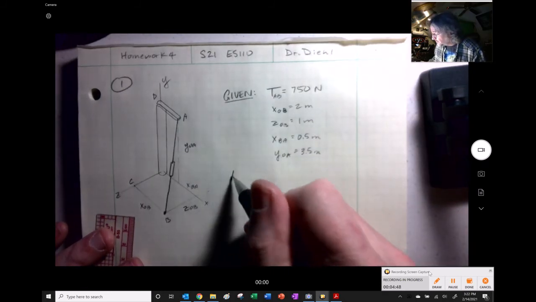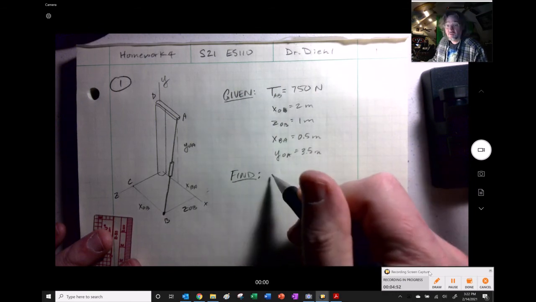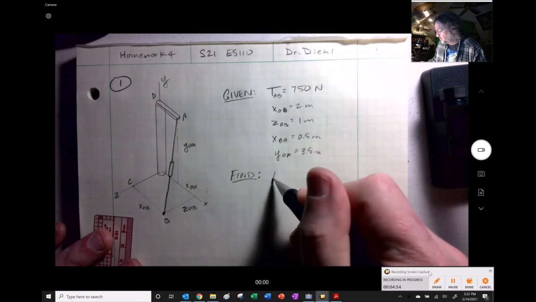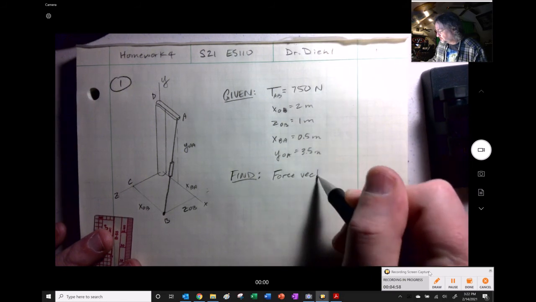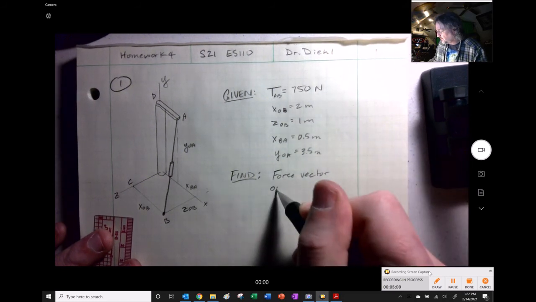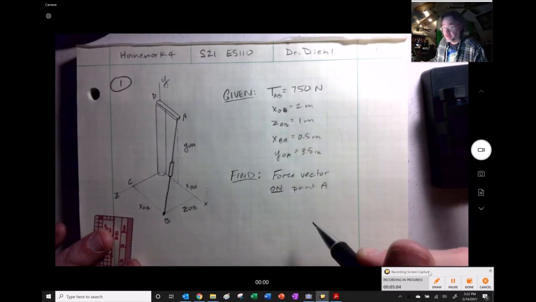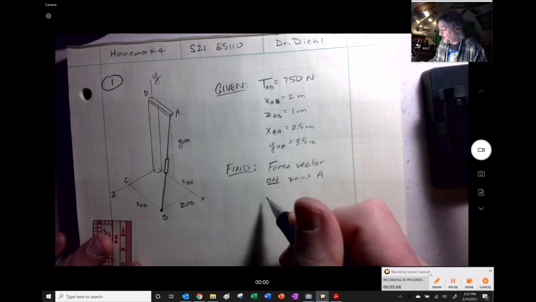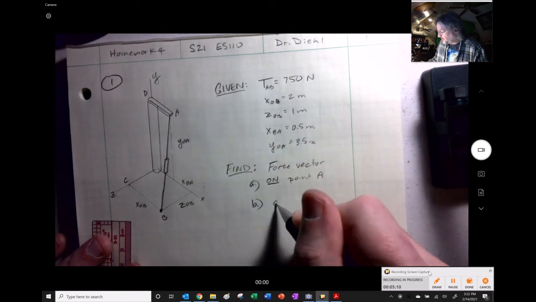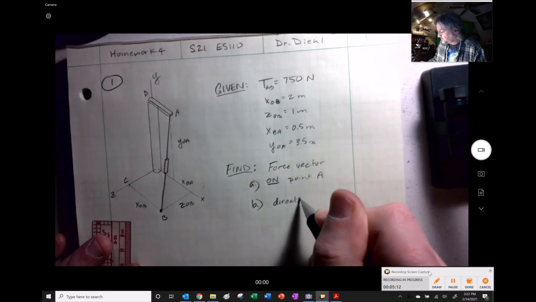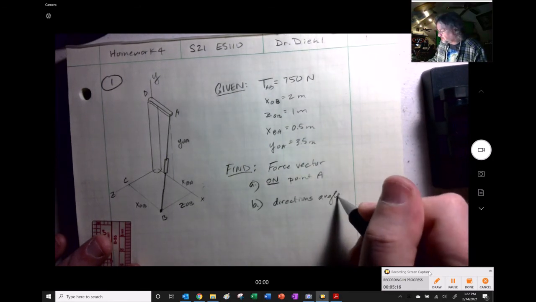And I think that's it. And we want to find the force vector on point A, on the cable, that is, and then find the direction cosines. The direction angles, I guess.